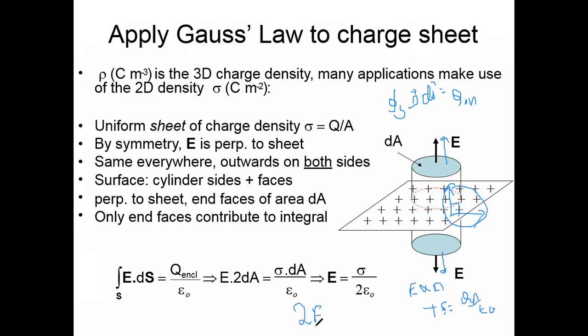Please understand this; if any doubt, please ask. 2EA will be Q, and Q in terms of rho s will be rho s times A, so 2EA equals rho s times A by epsilon naught. A gets cancelled, and what will be the expression of E? E is rho s by 2 epsilon naught. This we have already derived.